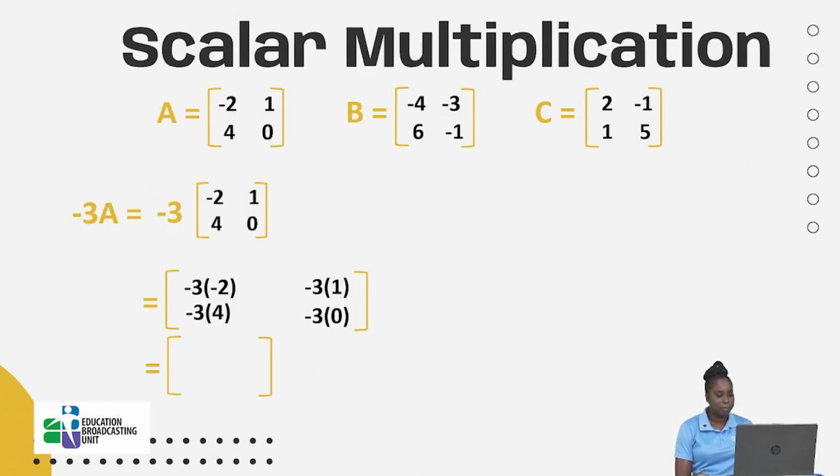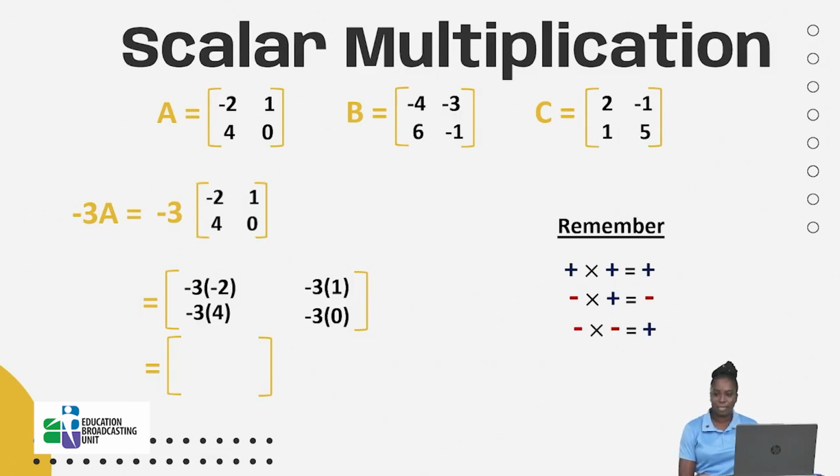We're going to simplify again, and just a reminder of multiplication and signs. When we have a positive and we multiply it by a positive, our result is positive. When we have a negative and we multiply by a positive, the result is going to be negative.